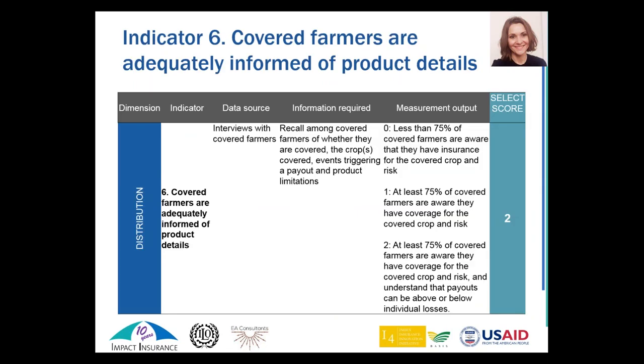I'll give another example with another indicator in the distribution dimension this time. So here we are looking at indicator 6, which evaluates whether covered farmers are adequately informed of product details.